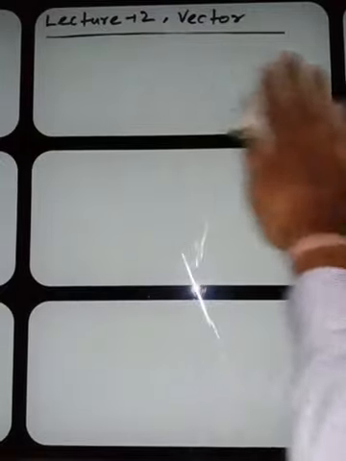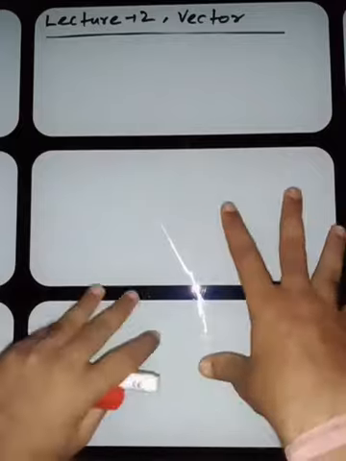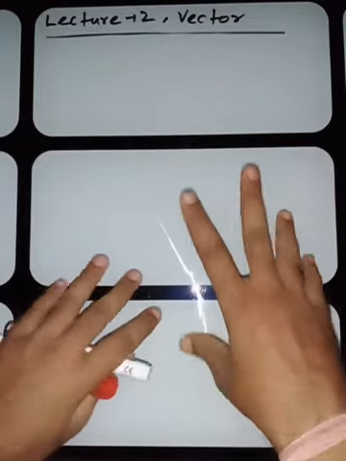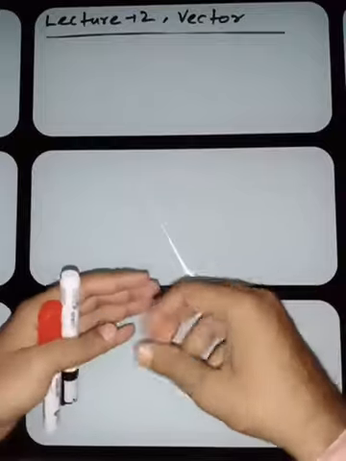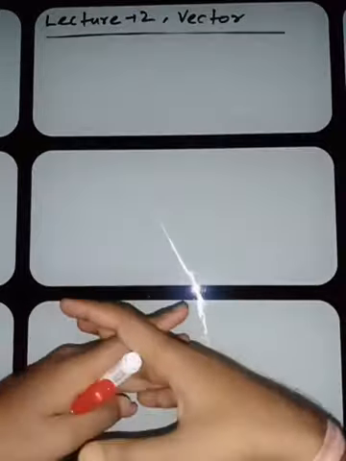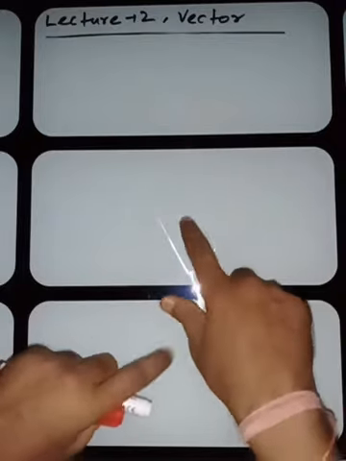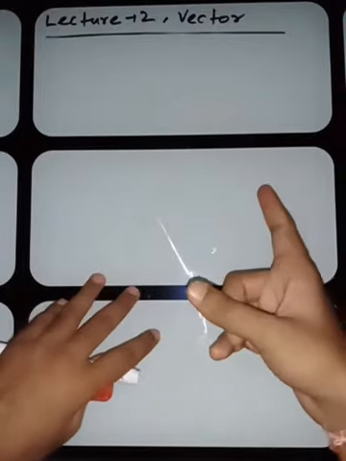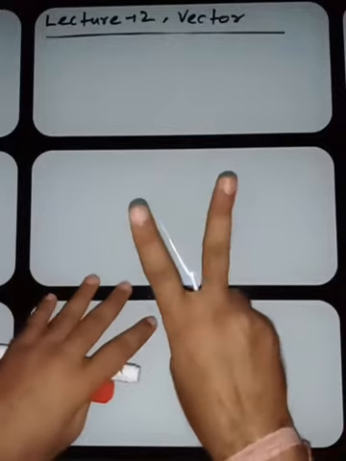To find the direction cosine, I don't need to give more questions. Right now I have shown you how to find the position vector and the unit vector with the help of a cuboid. In that cuboid you can find the direction cosine of any vectors.